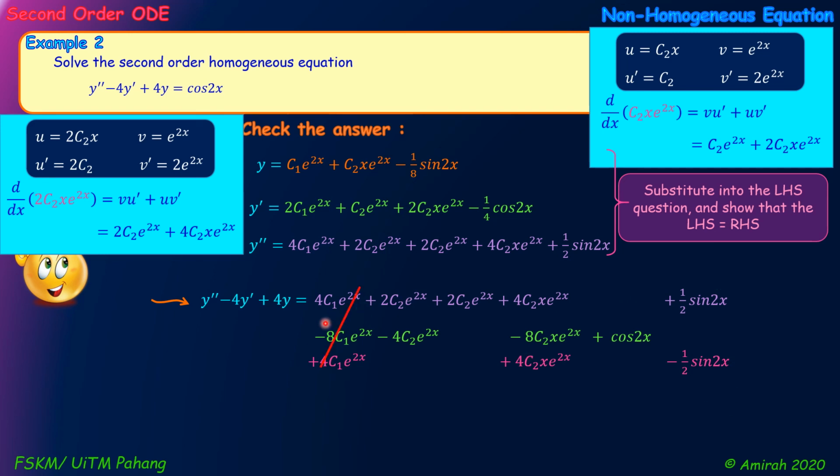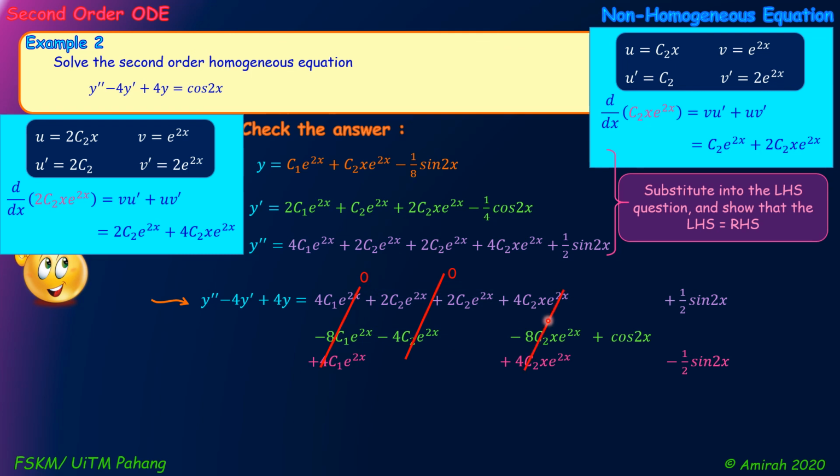From here, we have 4C1 and then plus 4C1, 8C1, and then minus 8C1. So we get 0. And then from here, 2C2 plus 2C2 equals to 4C2, and then minus 4C2. Then we get 0.